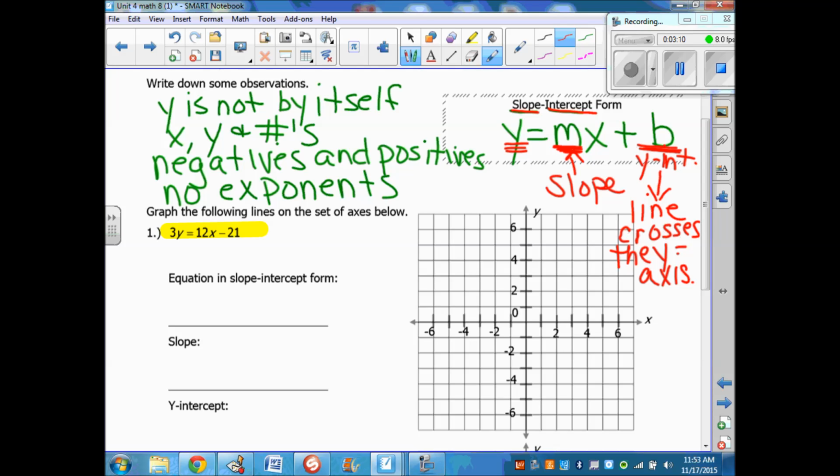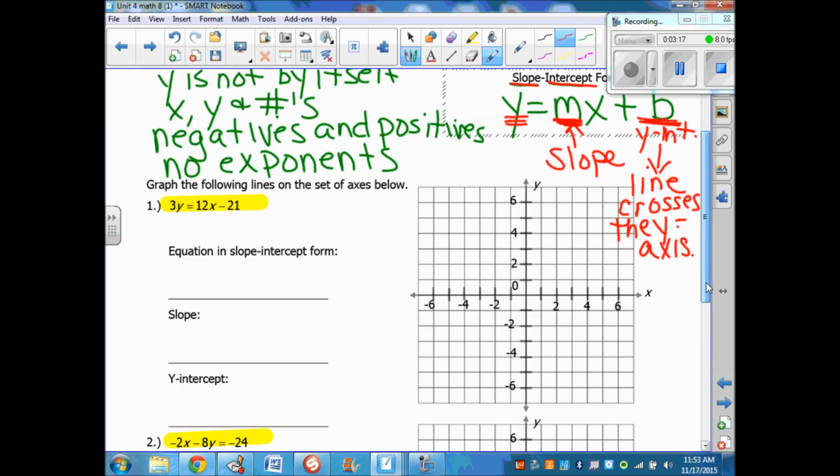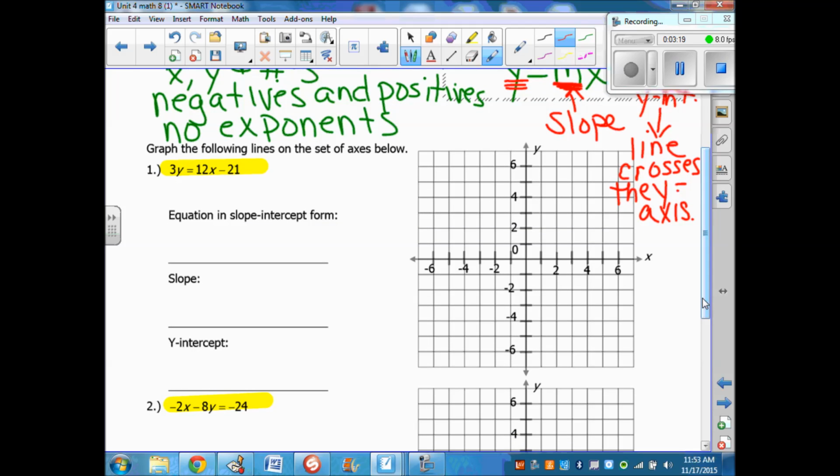Okay, so let's get some examples so you can see truly what this looks like. It says graph the following lines on the set of axes below. So we have our equation that I highlighted in the beginning, 3y equals 12x minus 21. The first thing we need to do is get this equation in slope-intercept form.